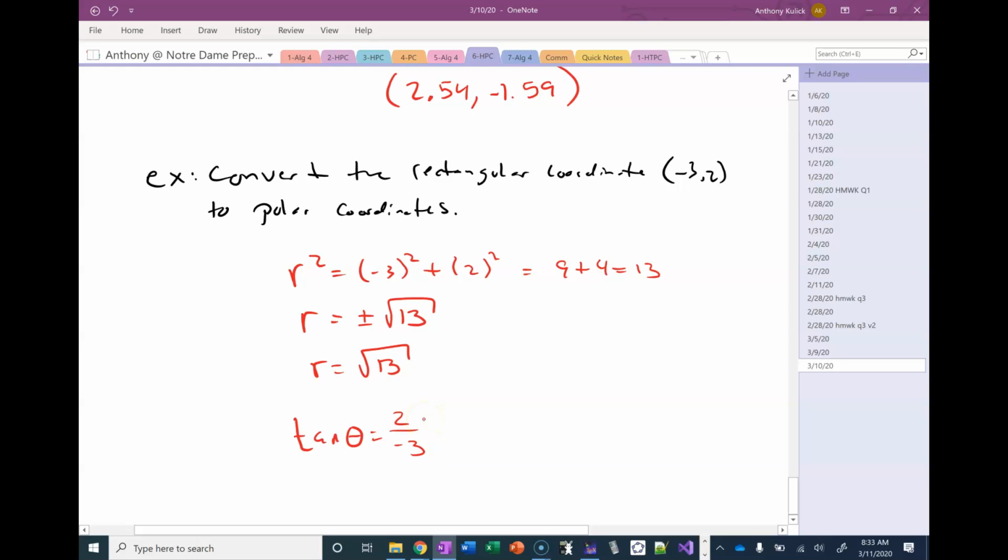Okay. Now for the second relationship, we have that tan theta is equal to y over x. But what's going to be the problem here as we try to solve for theta? We have to take the inverse of tangent, and there's a negative, so what's the range for tangent inverse?